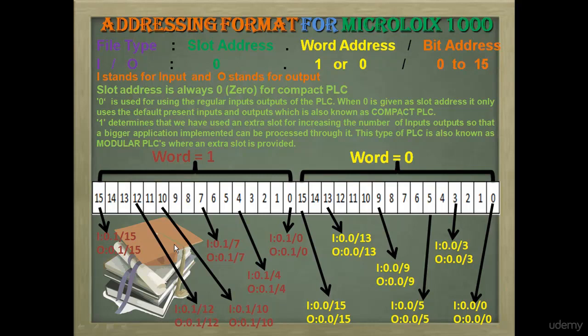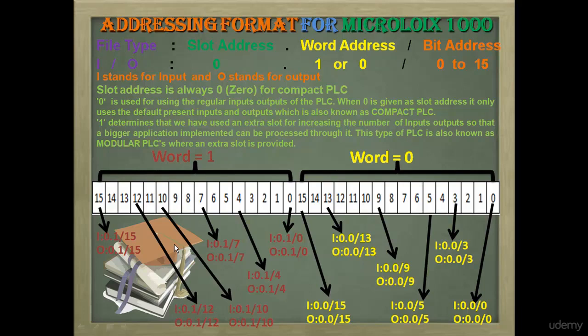Here we consider the slot address to always be 0 because the Allen Bradley Micrologix 1000 PLC is a type of compact PLC. So in this PLC we cannot increase the inputs and outputs for bigger applications. For a modular PLC, we can change the slot address according to our requirement.